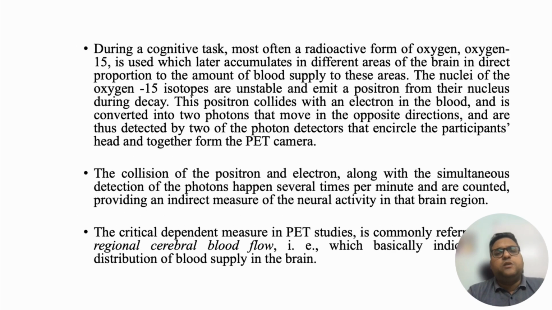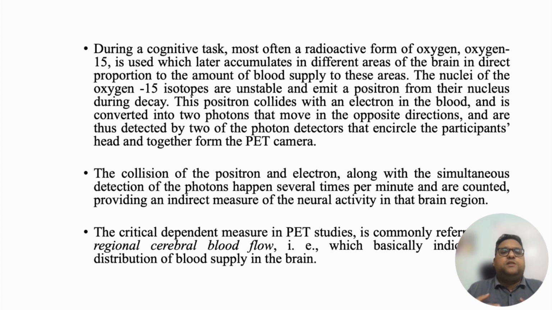During this task, most often a radioactive form of oxygen, that is oxygen-15, is used, which accumulates in the different areas of the brain in direct proportion to the amount of blood supply that is reaching these areas of the brain.